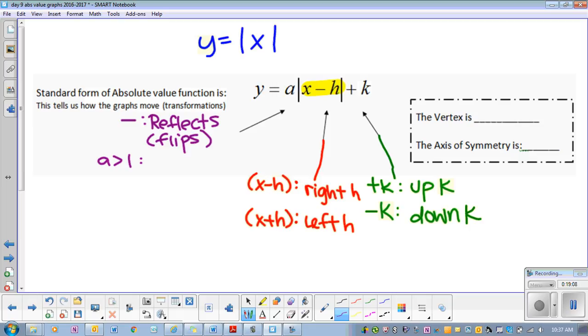But how about if they give you a number that's bigger than 1 in the front? Did it stretch it or did it compress it? What do you think? Stretched it. Good. If that number is bigger than 1, then it stretches.